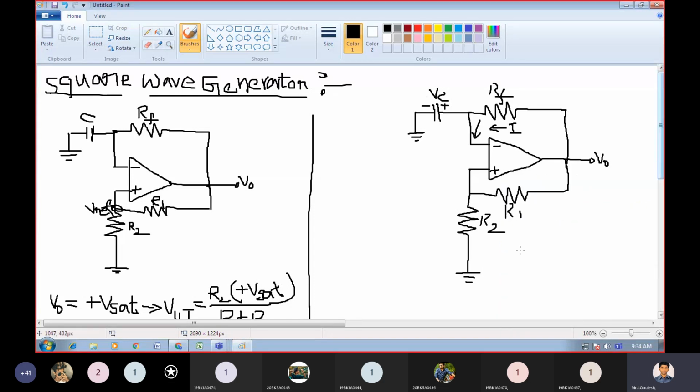This is the diagram for this. V naught is equal to plus V saturation, the capacitor charges. At this time the capacitor C charges up to VUT, or towards VUT.